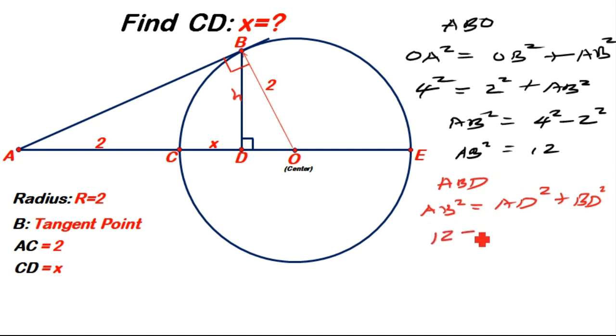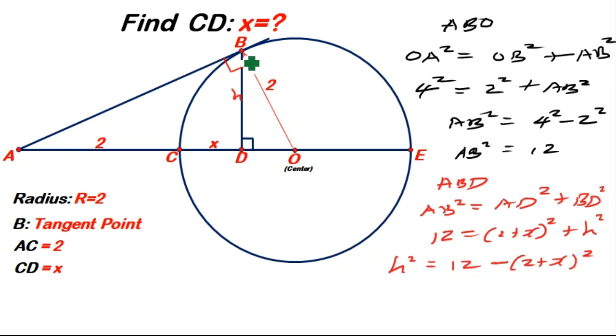So that means 12 is equal to AD squared. From A to D is 2 plus x. So that is going to be 2 plus x squared. Then it is plus BD squared. From B to D is H. So that is going to be H squared. So if you make H squared the subject of the formula, we get H squared is going to be 12 minus 2 plus x squared. Positive 2 plus x coming to this side will be negative.